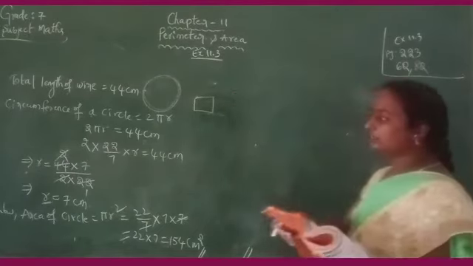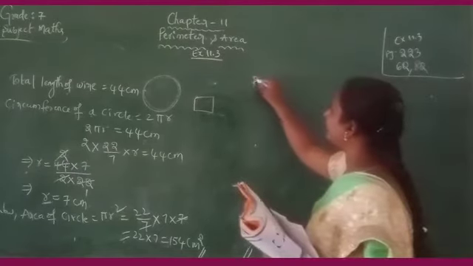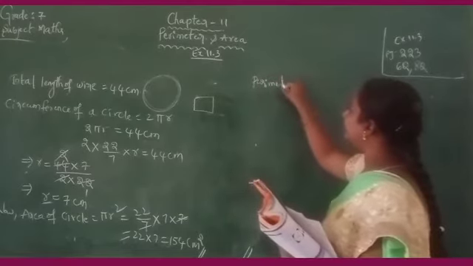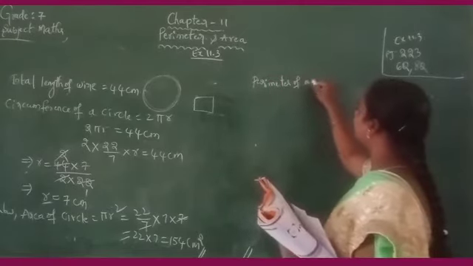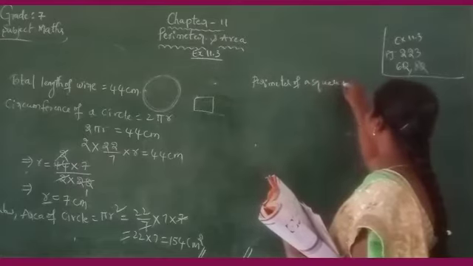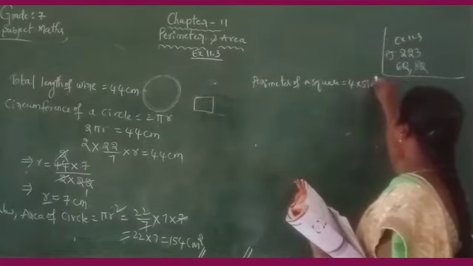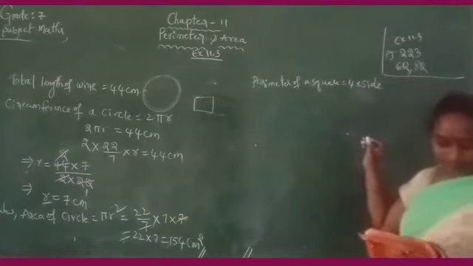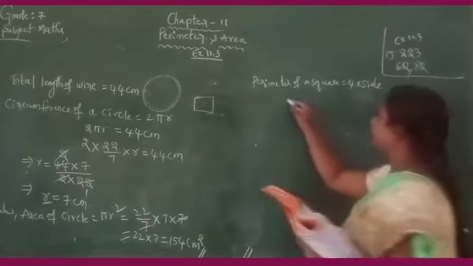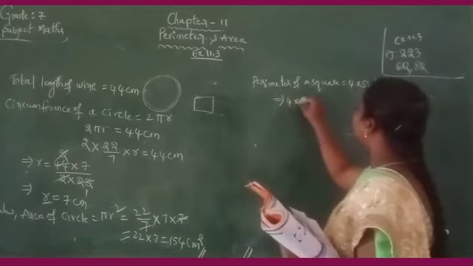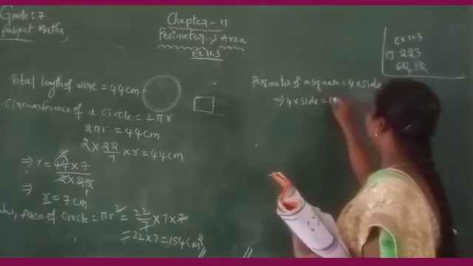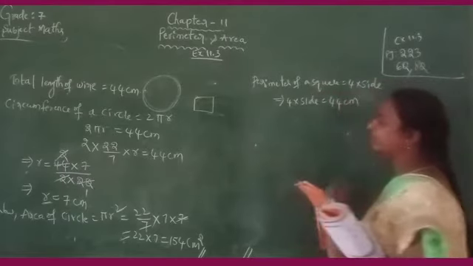Perimeter. Very good. So we know the perimeter of a square is equal to 4 into side. Then 4 into side is equal to 44 centimeters.